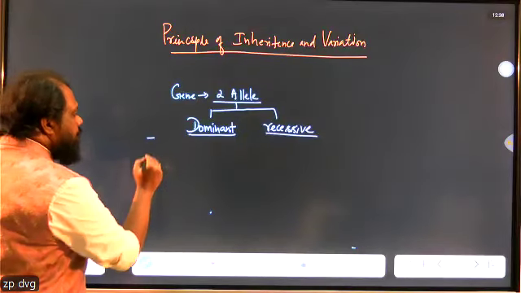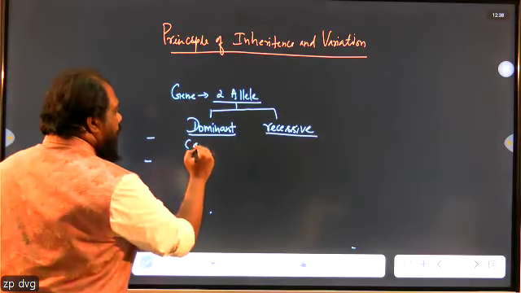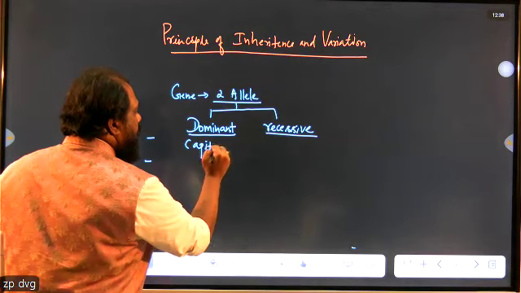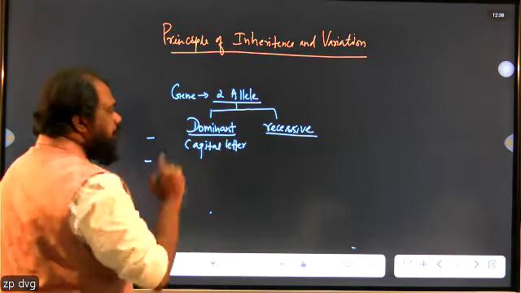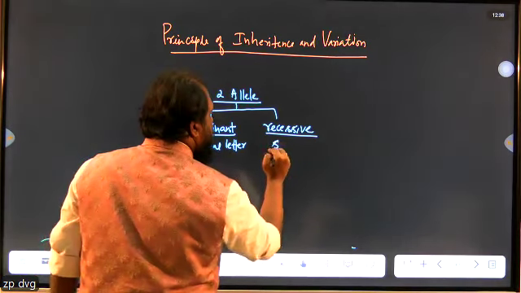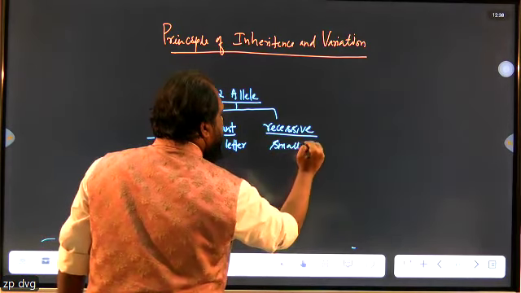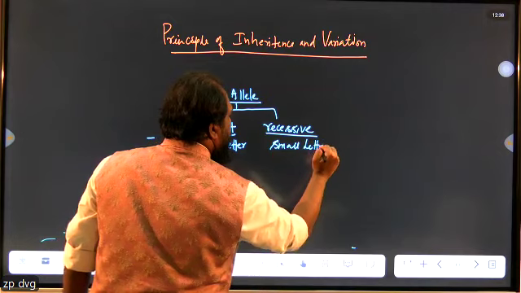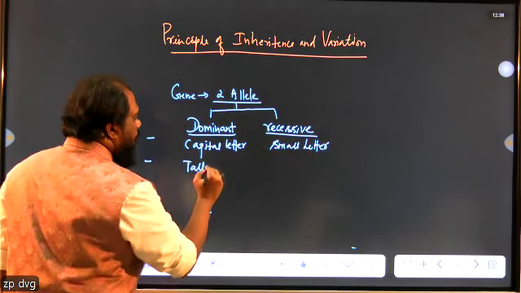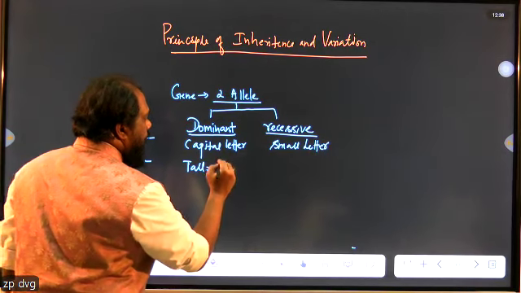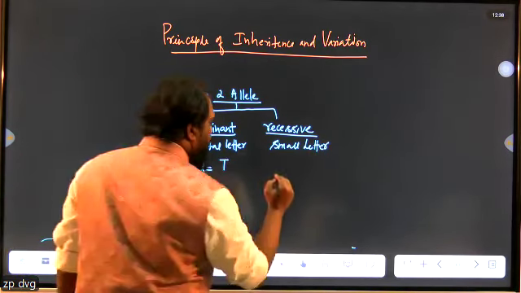How can it be represented? Dominant allele can be represented by a capital letter, and recessive allele can be represented by a small letter. I hope you understand what I'm saying.